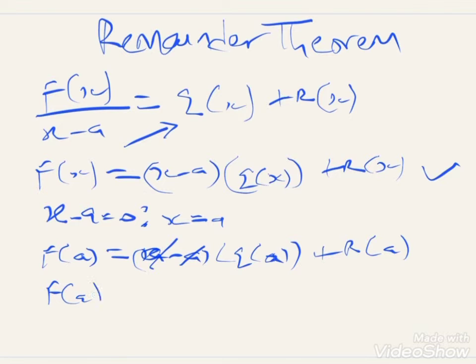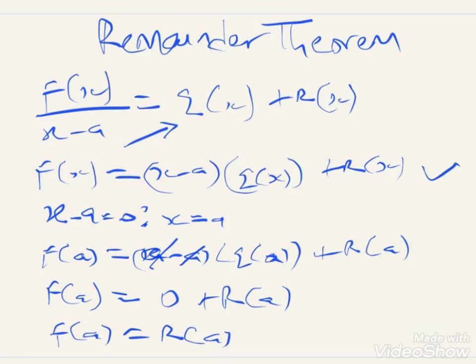We have f of a equal to 0 multiplying q of a, which is 0, plus r of a. 0 plus r of a is still r of a. Therefore, when f of x is divided by x minus a, the remainder is r of a. So we can find the remainder by the substitution method without using the long division method or synthetic division method.